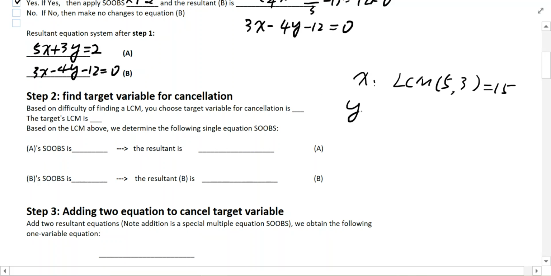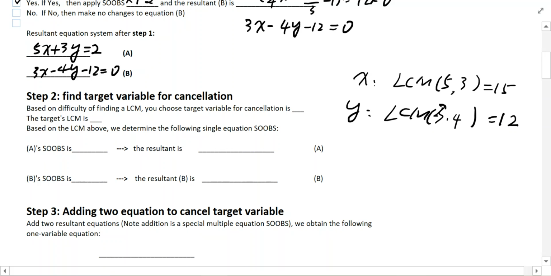If you use y, then the coefficients are 3 and 4, and the LCM is 12.